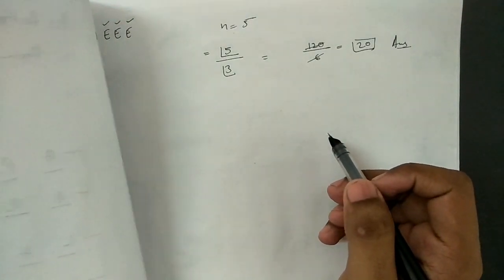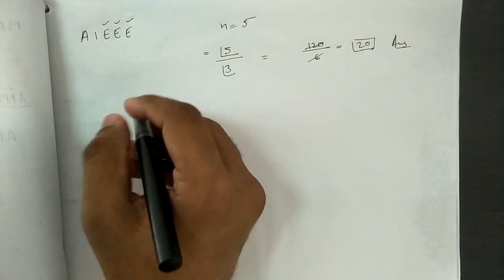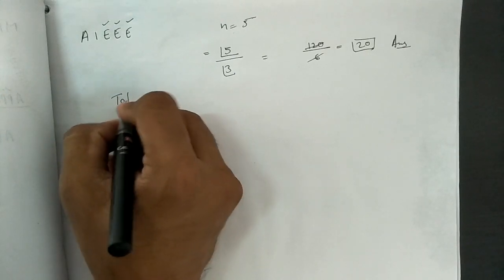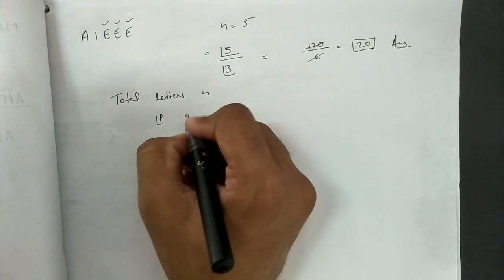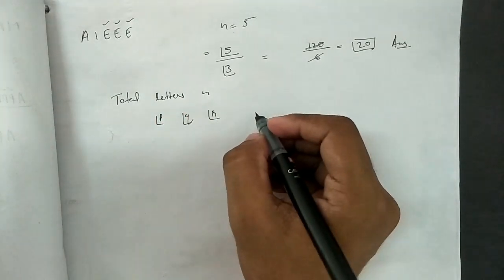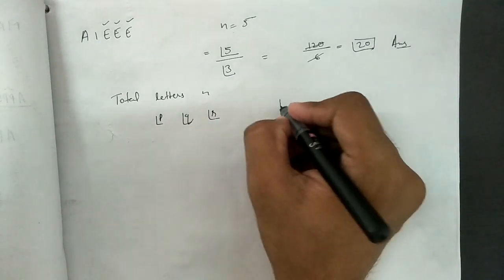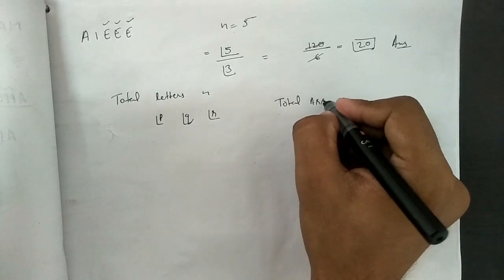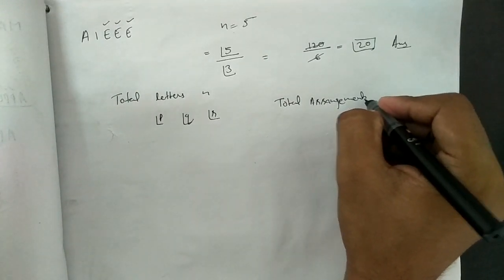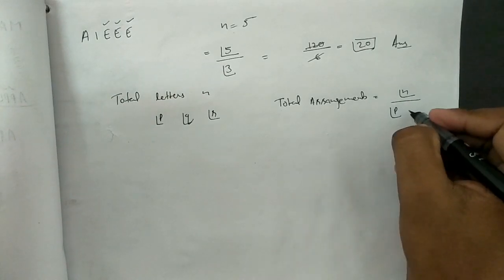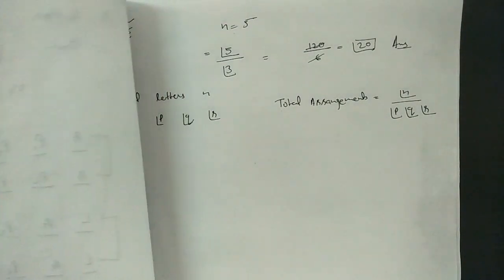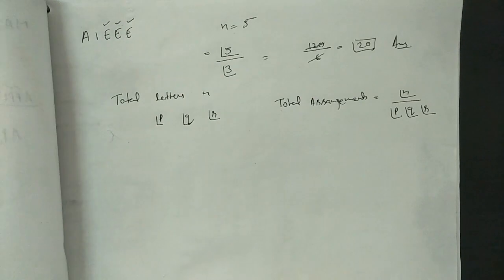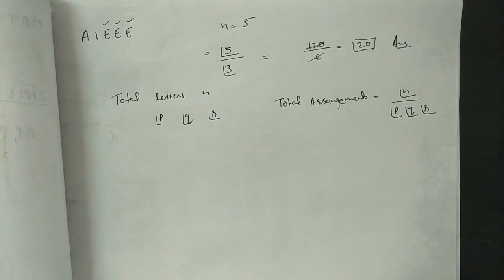Going to the general case, if we take total letters N, P letters of the same kind, Q letters of another same kind, and R letters of another same kind, we can write the total arrangements possible as factorial N upon factorial P, factorial Q, and factorial R. In this way we have found the correct answer of this question.